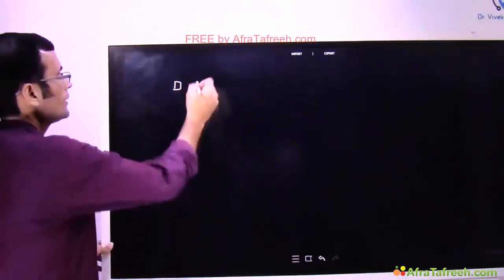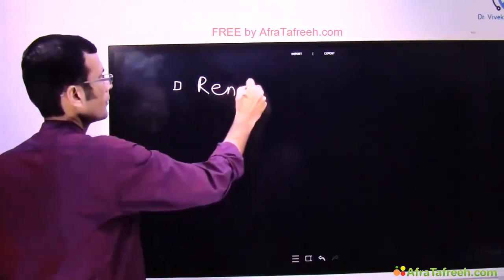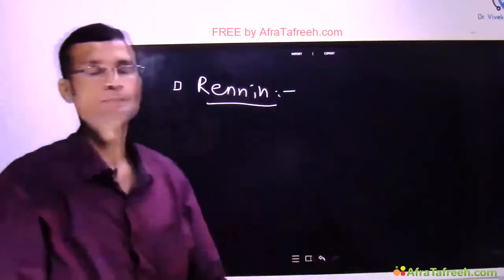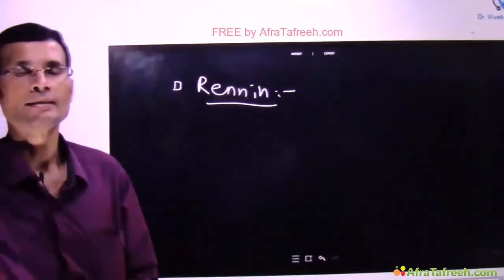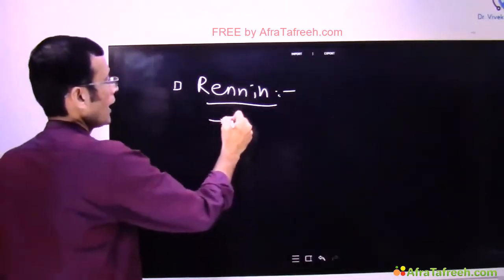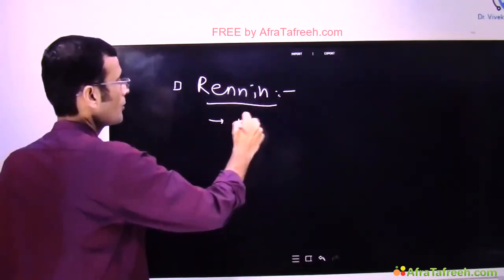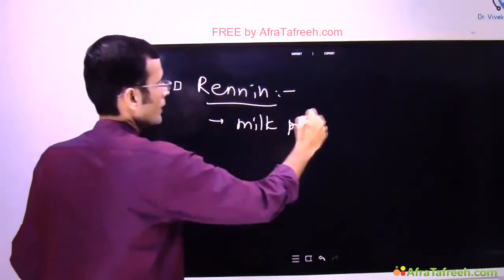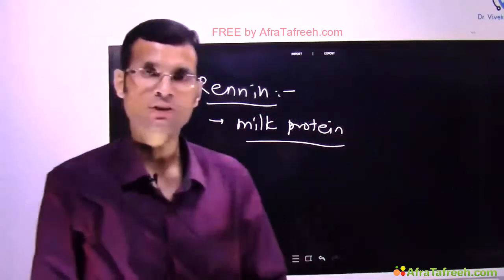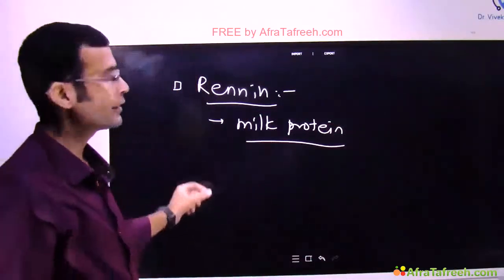What are the other things like renin? Renin, enzyme secreted in the stomach. This is for the digestion of milk protein. This enzyme is important mostly in the children, and it digests the milk protein.